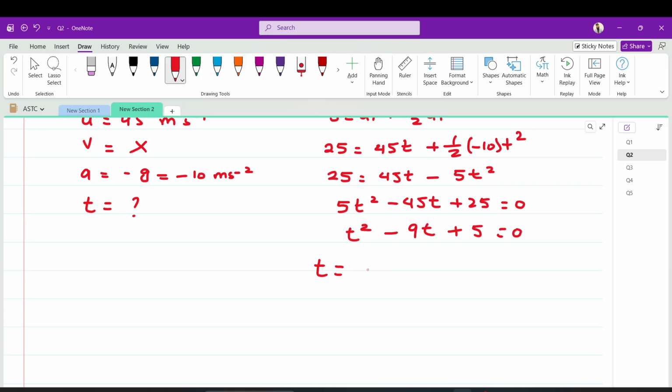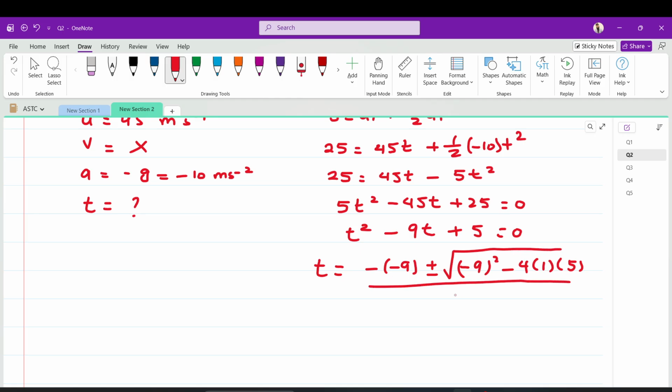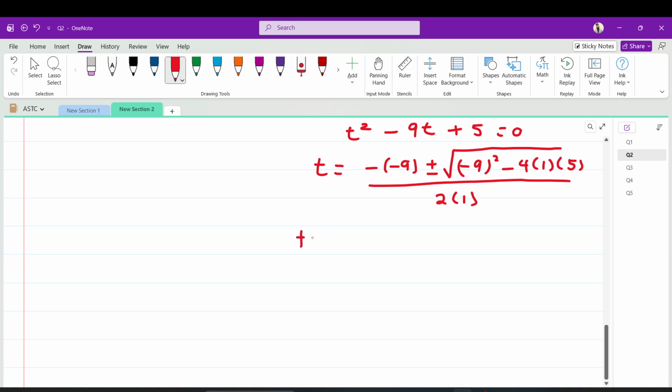Okay, so t is equal to minus minus 9 plus minus root of 9 whole square minus 4ac, then we have under root over here, and that will be over 2 times 1. From this, we are going to have two equations, 9 plus, and let me just work out what this part of the under root is. So we have 9 square minus 4 times 5.